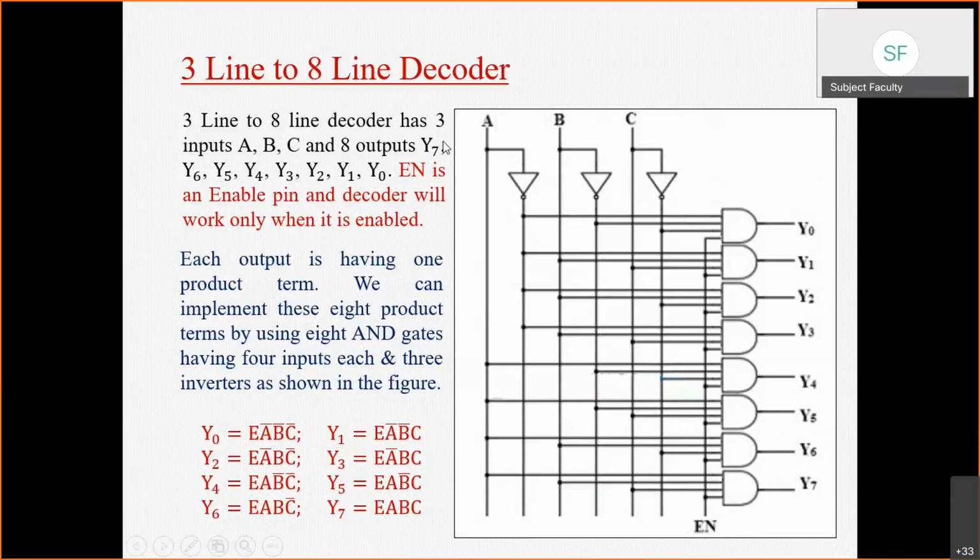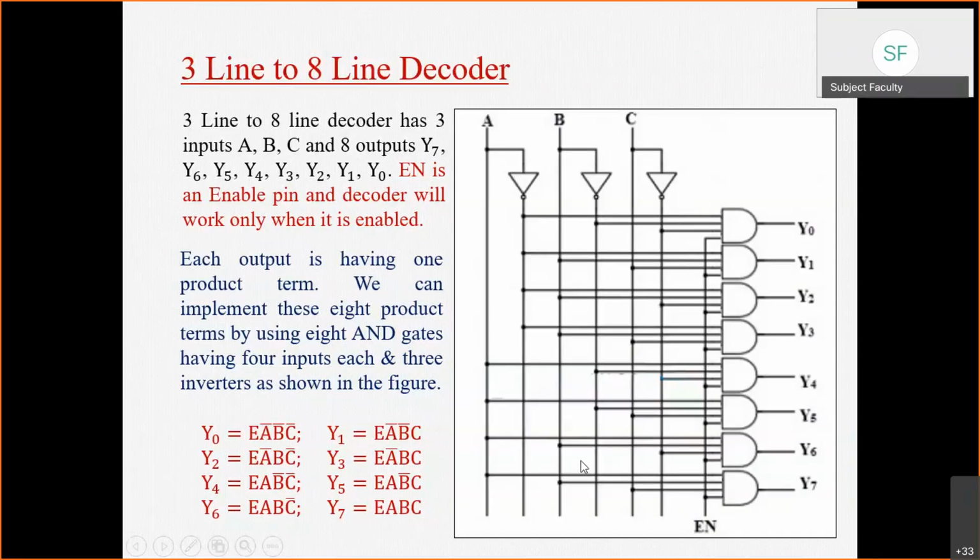Now we have seen this type of arrangement in the demultiplexer also. Instead of these input lines, in the demultiplexer there were select lines. If you recall, it was S2, S1 and S0, and a similar arrangement you can observe in the case of 1:8 demultiplexer. There the common input was the data input; here it is the common enable input.